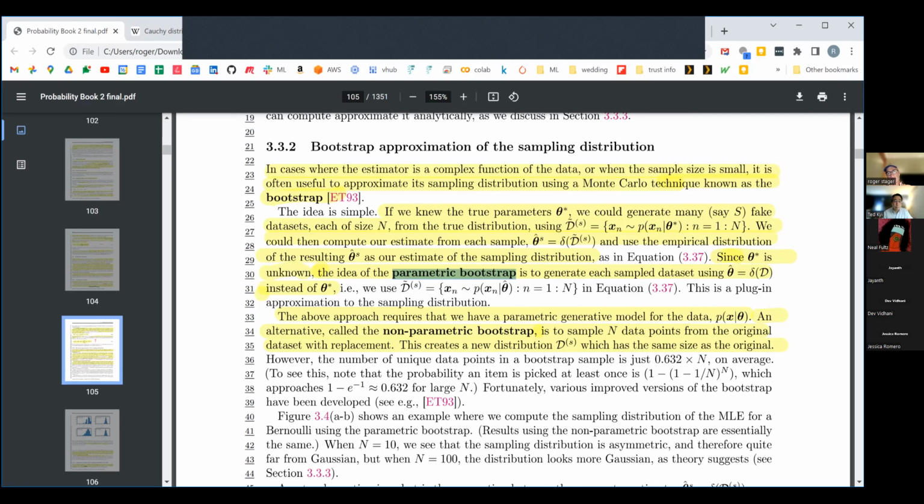And the other approach we haven't hit yet is that you essentially sample n data points from the original data set with replacement. And that's the non-parametric bootstrap. That makes sense? Any further questions, or are we ready to go?